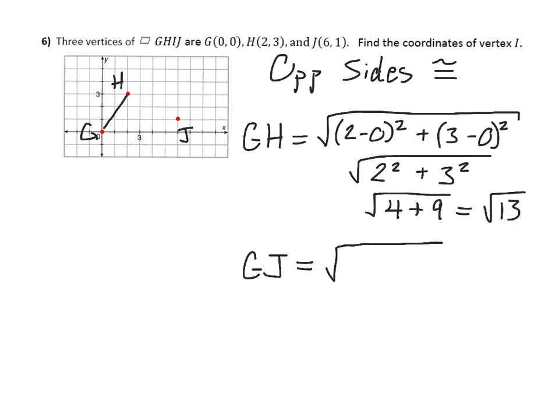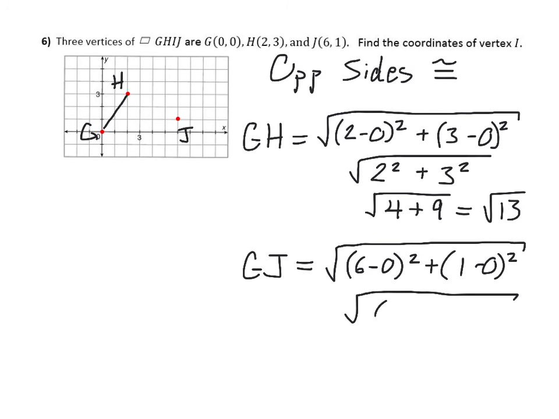Next one, for GJ, we're going to have 6 minus 0 squared plus 1 minus 0 squared. Next, it looks like I'm going to end up with 6 squared and 1 squared, which is going to leave me with 36 plus 1, which leaves me with radical 37.